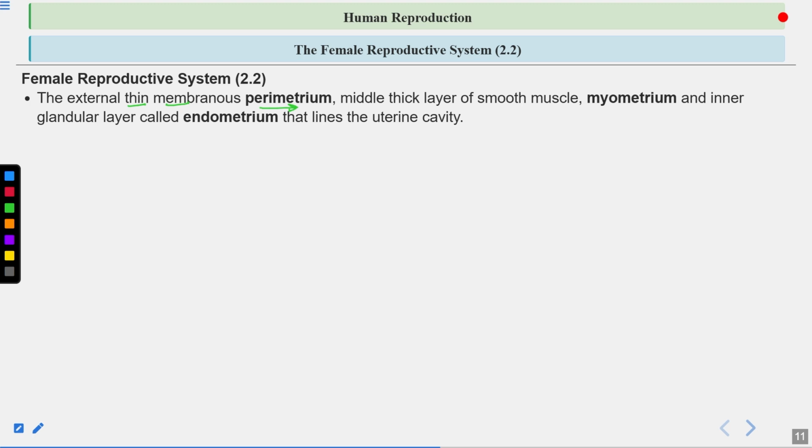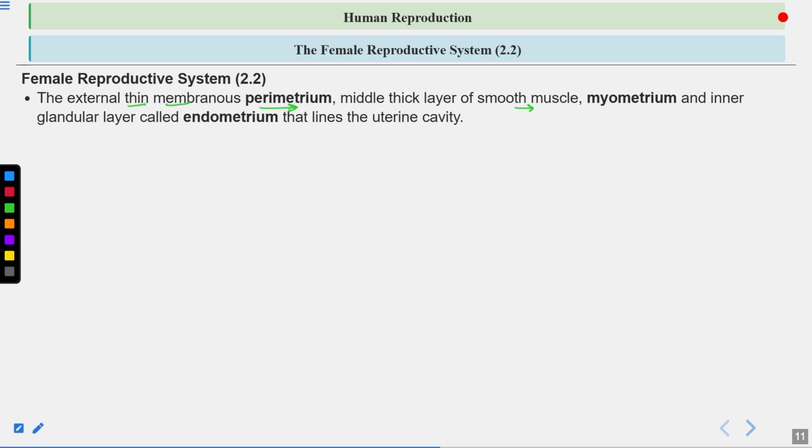Then the middle thick layer of smooth muscles is known as the myometrium. Smooth muscles are involuntary, and these muscles can generate contractions. By this contraction, the fetus is expelled out of the body of the female.